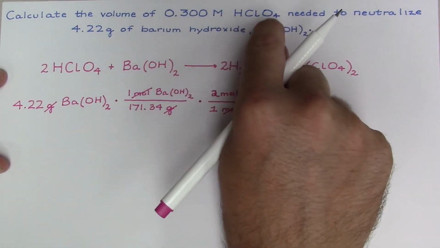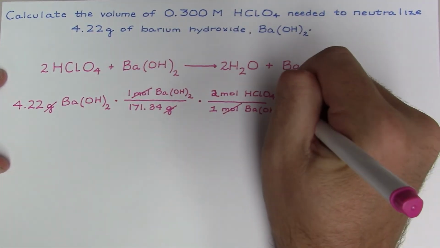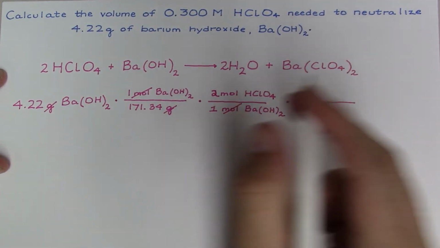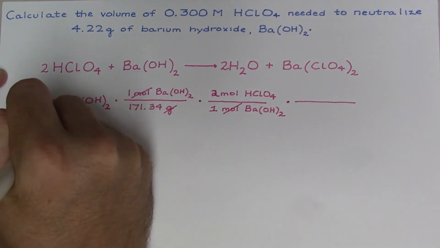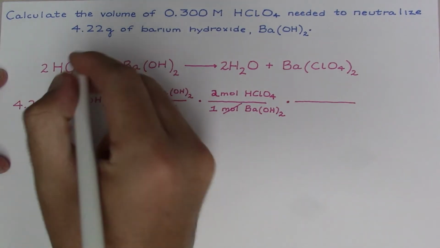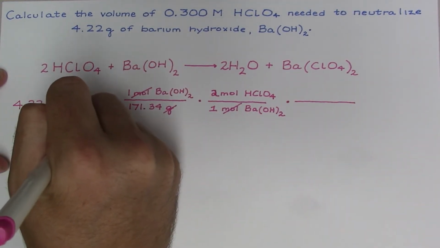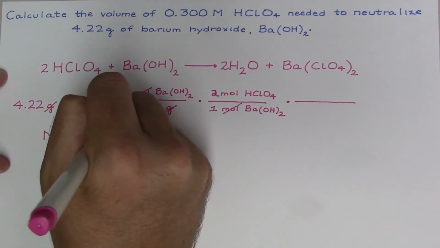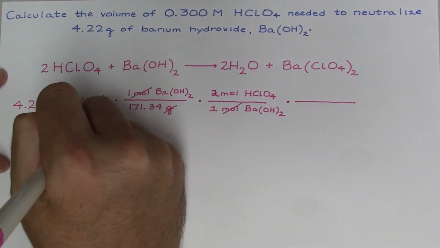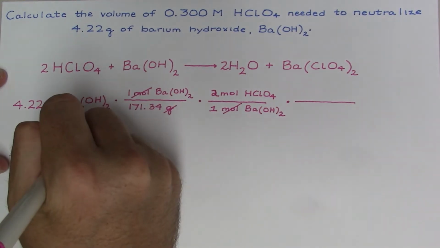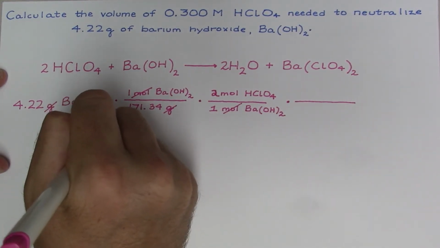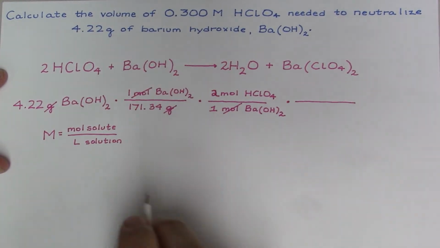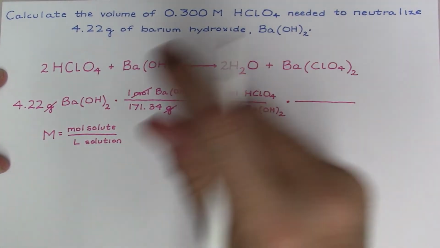But now we have to look at our concentration to get a volume. Our last step is very critical. Our molarity is usually M equals our moles of solute, which in this case would be our HClO4, over our liters of solution. However, in this case, we want our liters of solution on the top and our moles on the bottom.